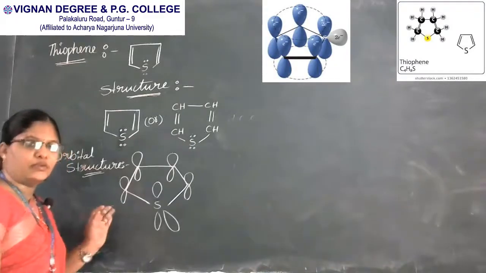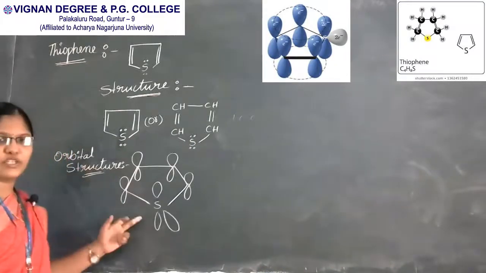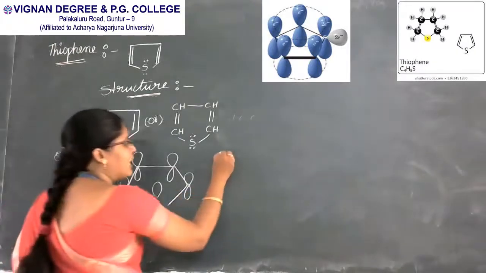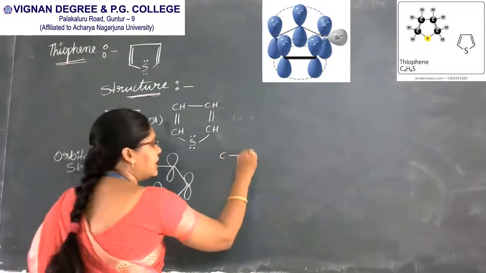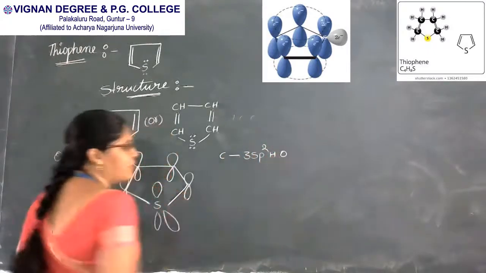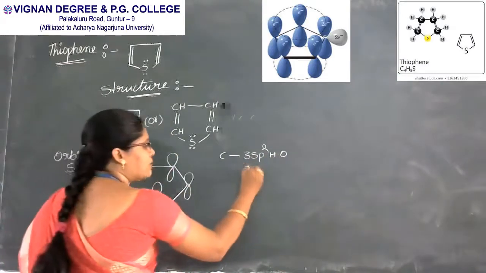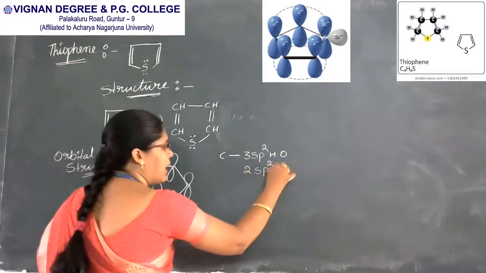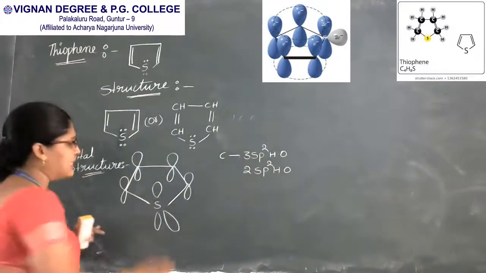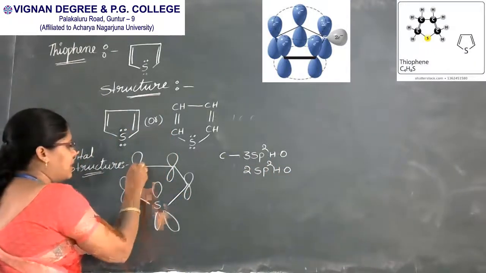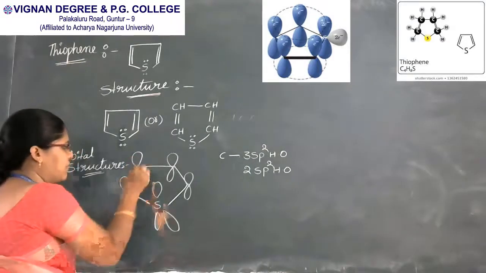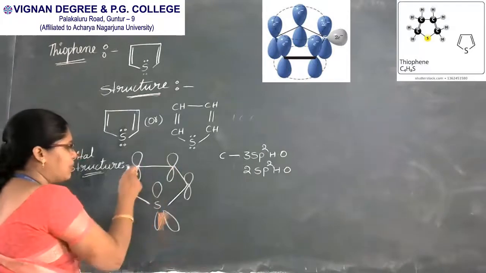Now we will discuss the orbital structure of thiophene. We already know a carbon atom has three sp2 hybridized orbitals, in which two sp2 hybridized orbitals form sigma bonds with adjacent carbon atoms. For example, this carbon atom forms these two sigma bonds.